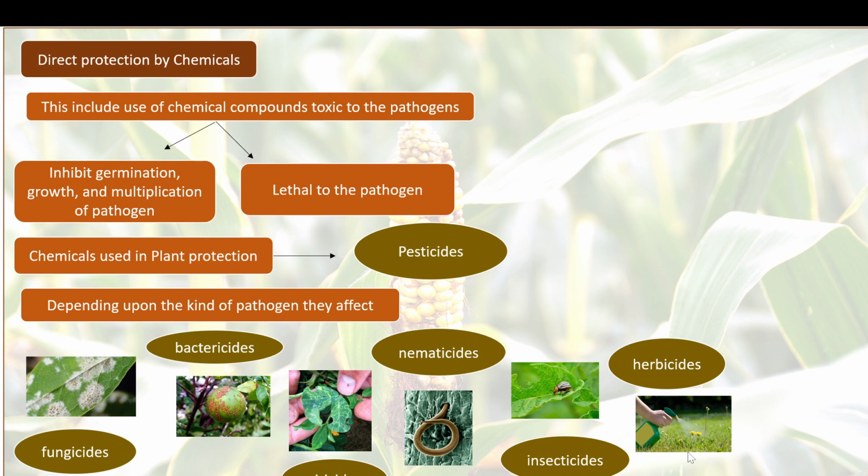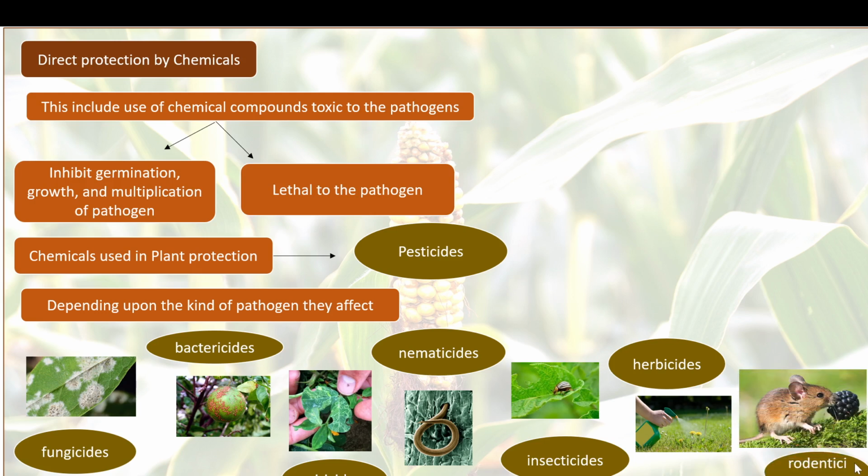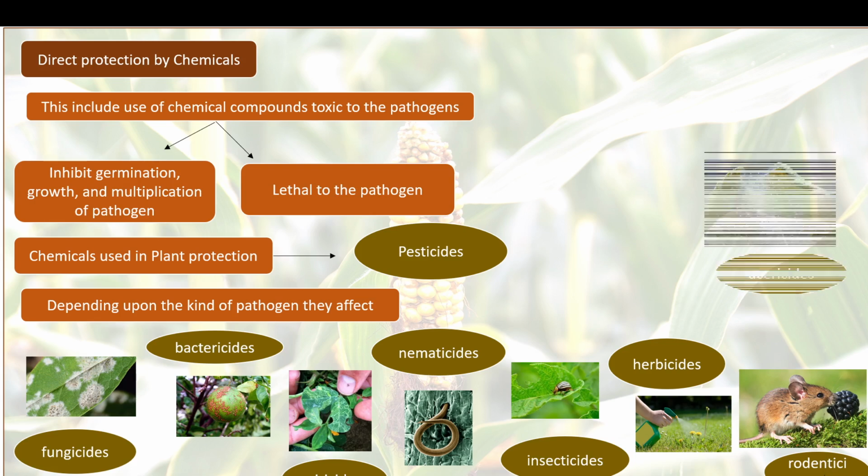For certain type of herbs, now here by herbs we mean weeds, right? In your crop, in your land, there might be many unwanted plants growing, so you want to remove them. In that case, the chemical that you use is called herbicides. Then if you want to remove rodents from your crop, the chemicals that are used are called rodenticides.